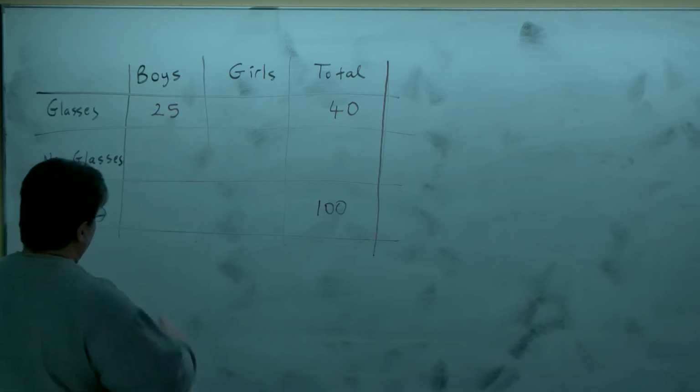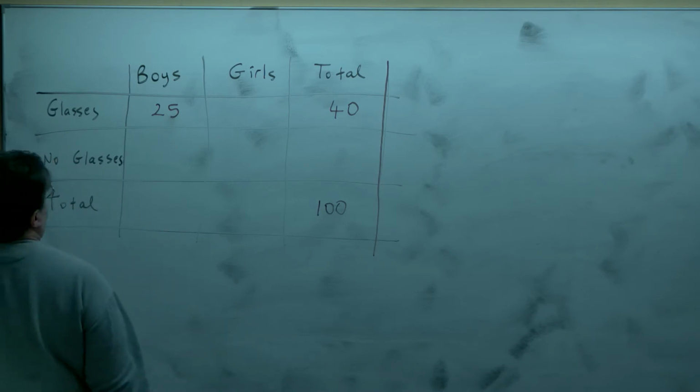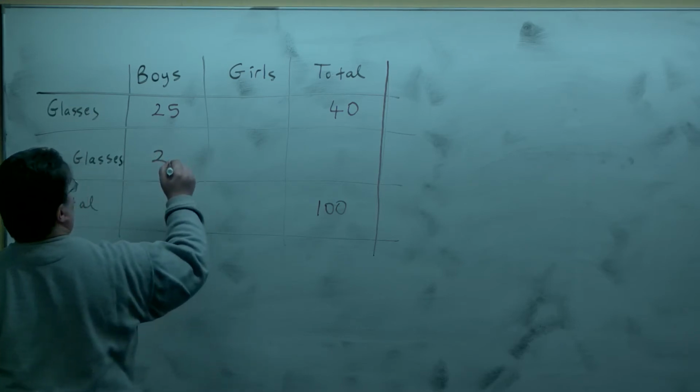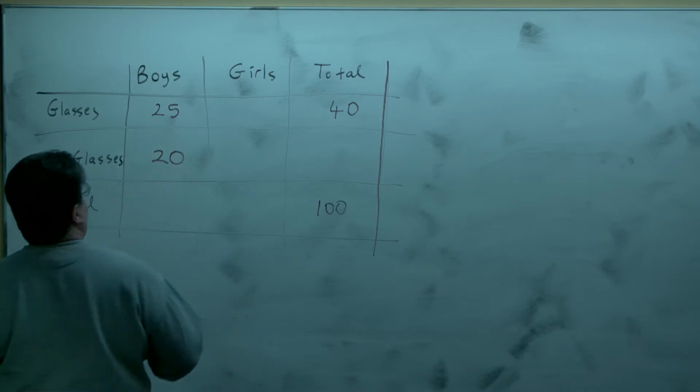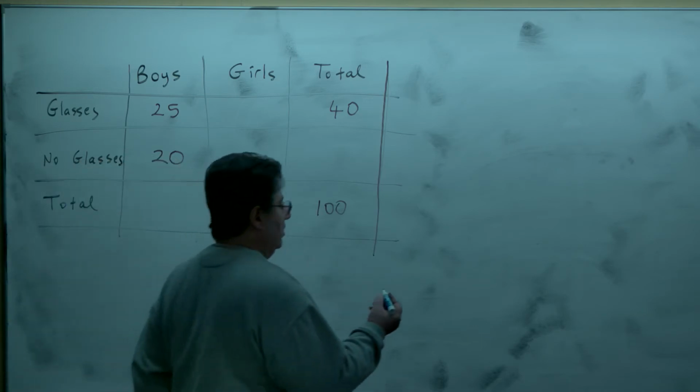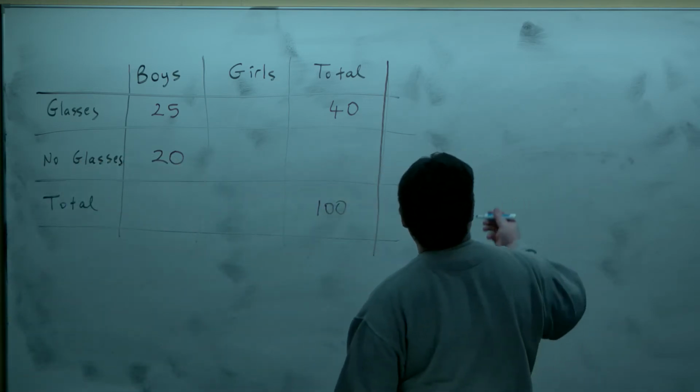And 20 boys are not wearing glasses. Okay? So we will calculate the missing entries in the table, and then we will calculate the following probabilities.